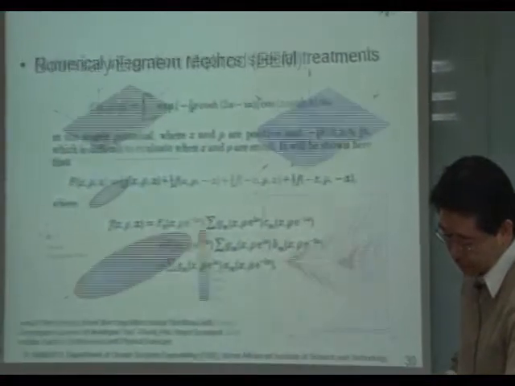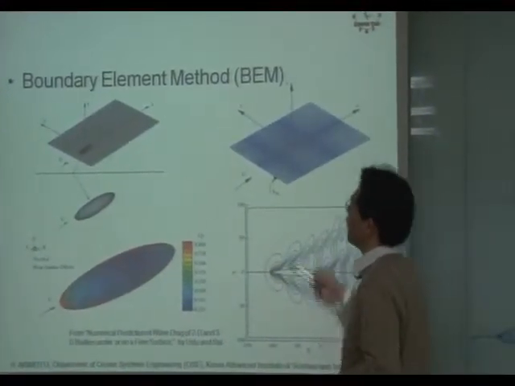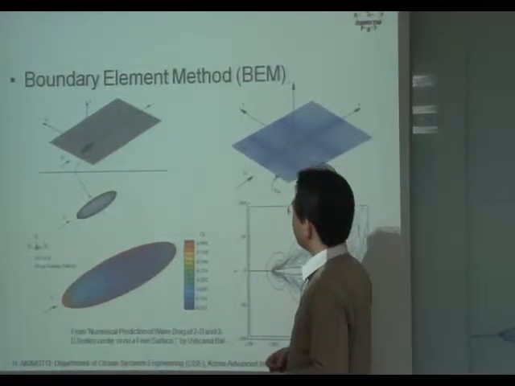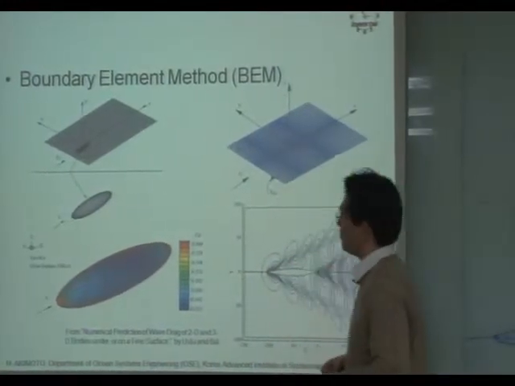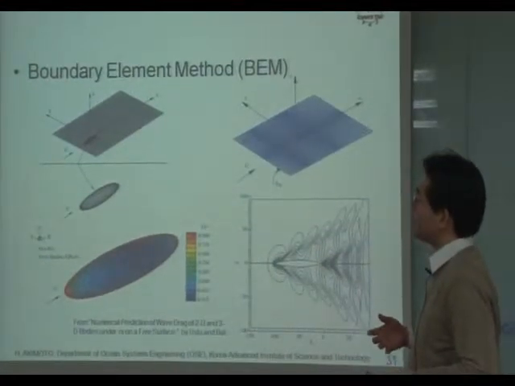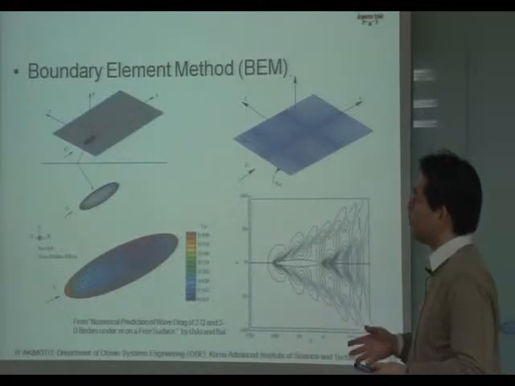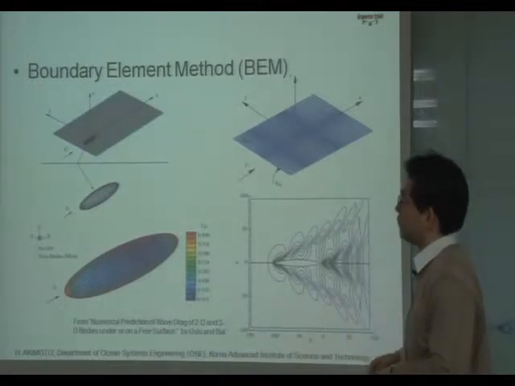So in actual applications, they are using the boundary element method. This is only a sample of this treatment. Actually, the specialist in boundary element method can calculate more complicated situations.